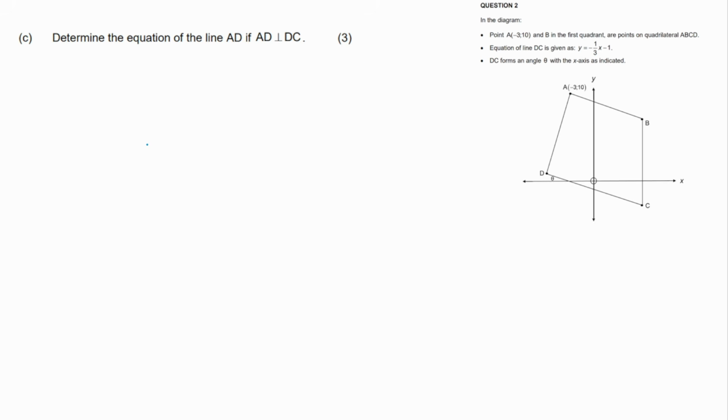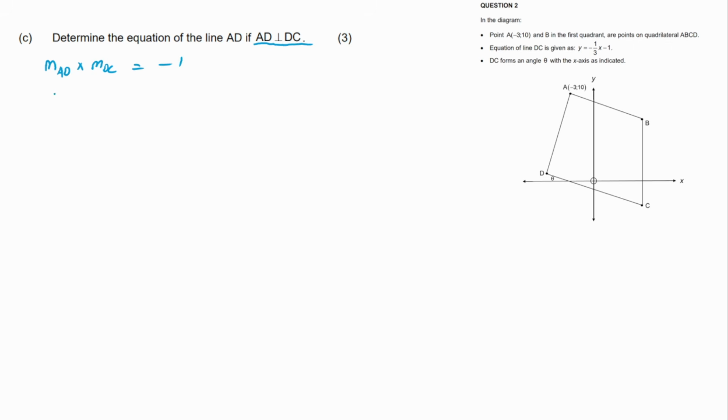Now we have to determine the equation of the line AD if AD is perpendicular to DC. So we need to find the equation of this line AD, and we know AD is perpendicular to DC. When lines are perpendicular, the gradient of AD times the gradient of DC is equal to minus 1.